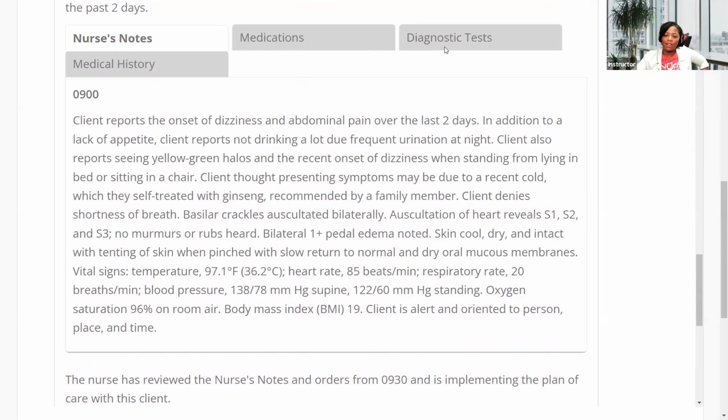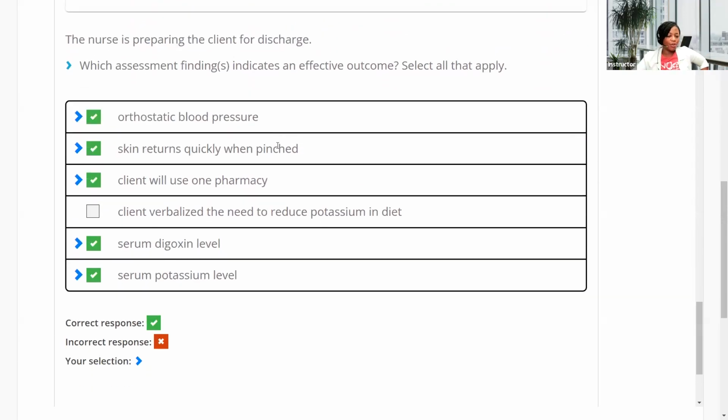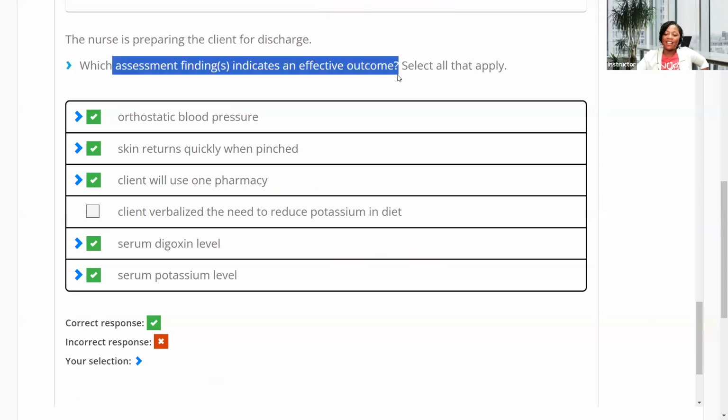And then the final option here was evaluate. So evaluation, we were spot on. We had to evaluate which assessment findings indicate an effective outcome.